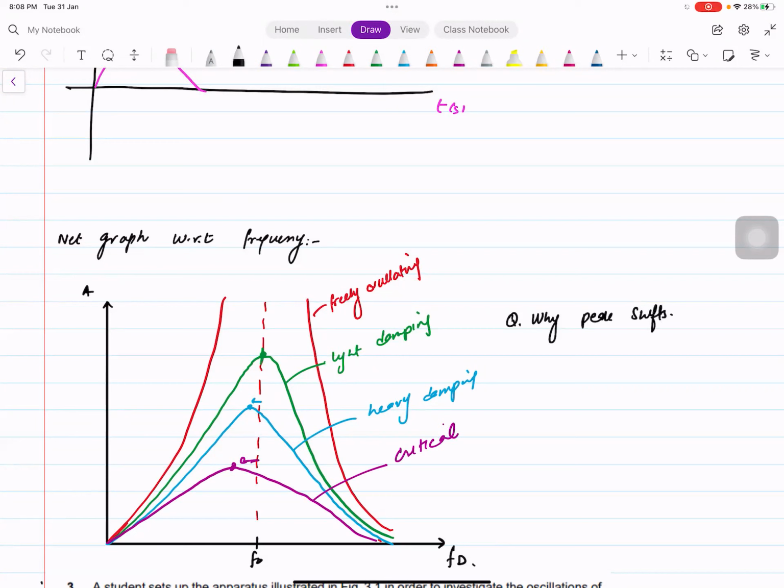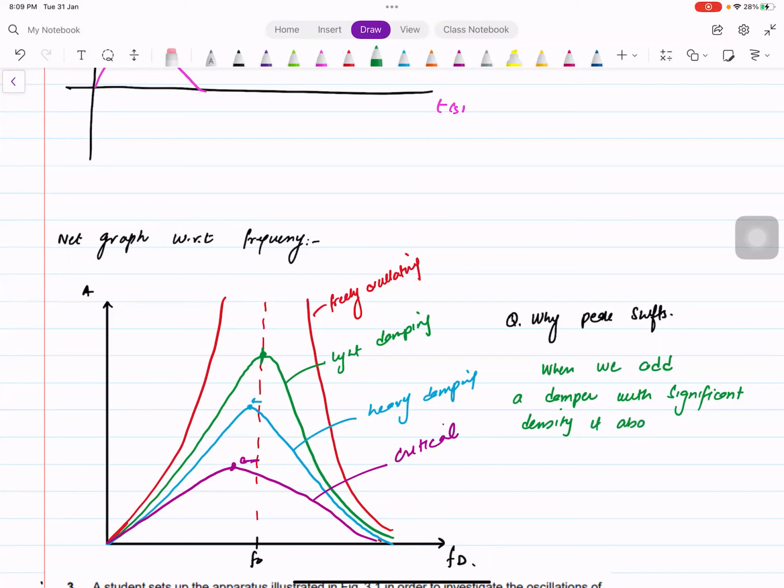And the reason is that when we add a damper with significant density, like in heavy or critical damping, we add water or oil, which has a good amount of density itself.